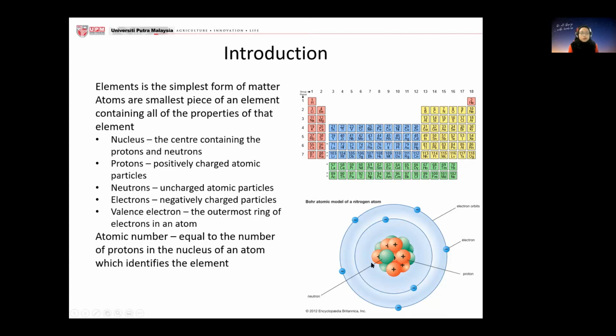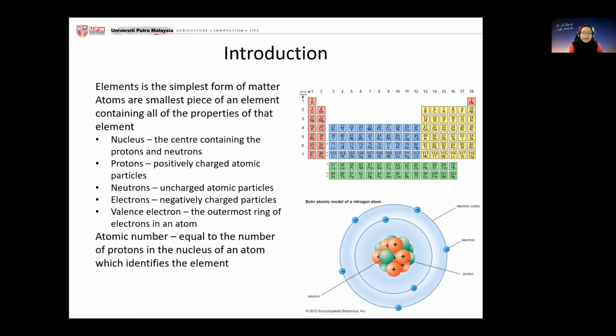Protons are the positively charged atomic particles, and neutrons are uncharged. Apart from that, you also have electrons, which are negatively charged particles. And the electrons at the outermost ring are called valence electrons.